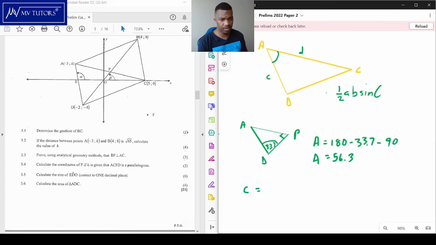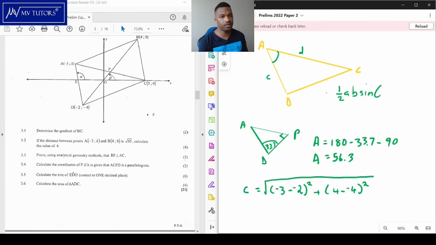So that's equal to the square root of x1, between A and D. The x is minus 3 for A, minus, for D, it's minus 2, which is a plus. That should be squared, plus the y's. Remember we solved k to be 4, so it's 4 minus 4 squared.